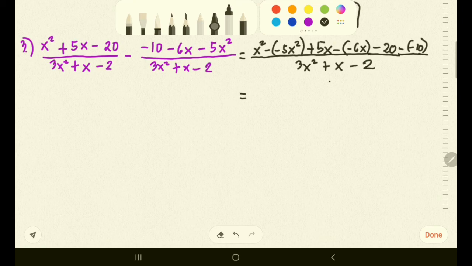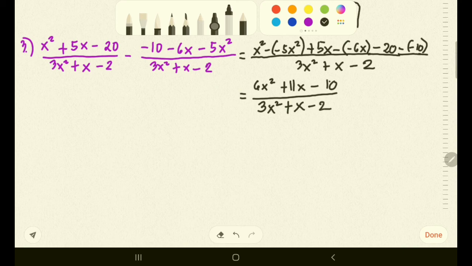Okay, simplify. x squared minus negative 5x squared is 6x squared. And then 5x minus negative 6x is 11x. Negative 20 minus negative 10 is negative 10, over 3x squared plus x minus 2.